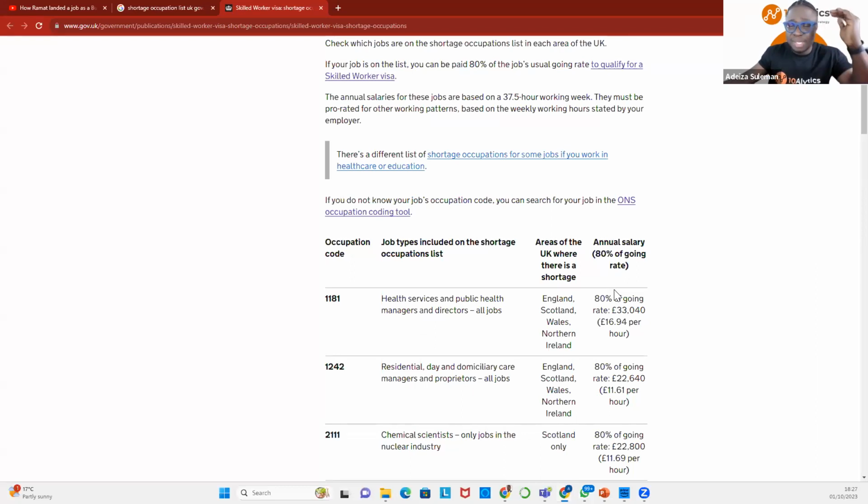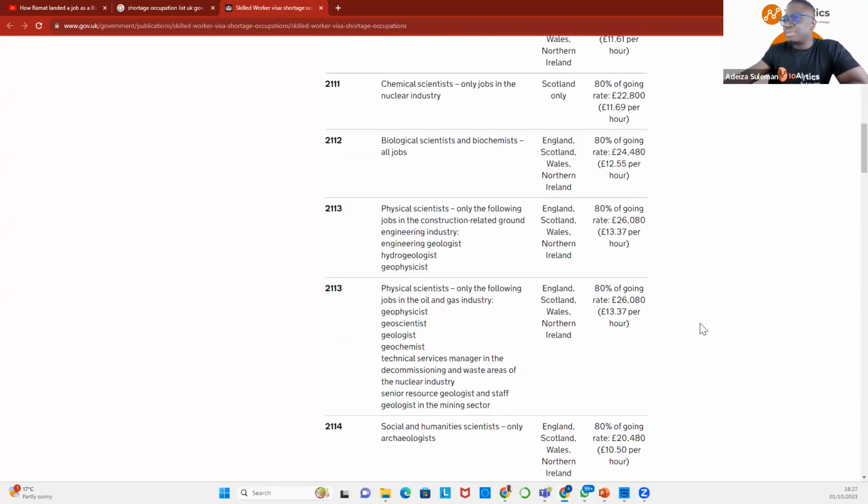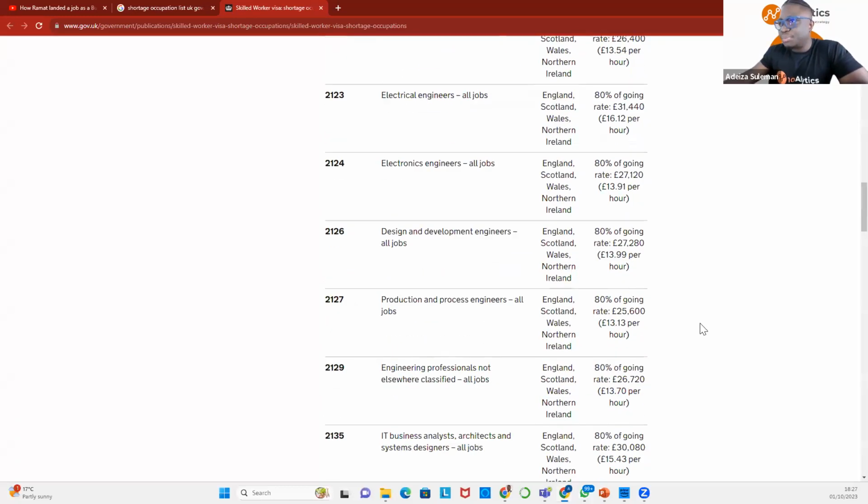Remember, I talked about 70 points to get to a skilled worker visa. So having any job from the shortage occupation alone is 20 points. And if you have a job from the shortage occupation, the other points are pretty straightforward to get. So I'm just going to scroll down and show you.